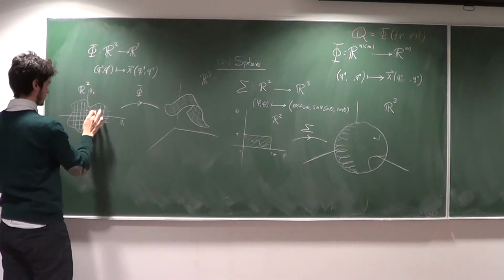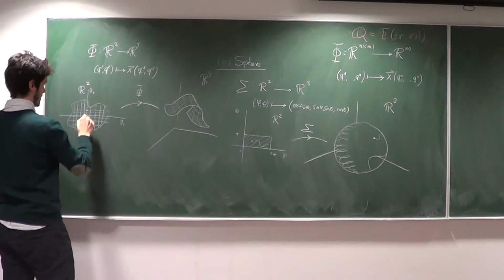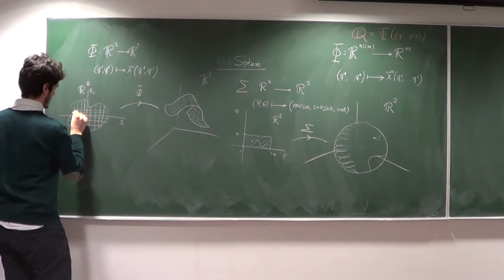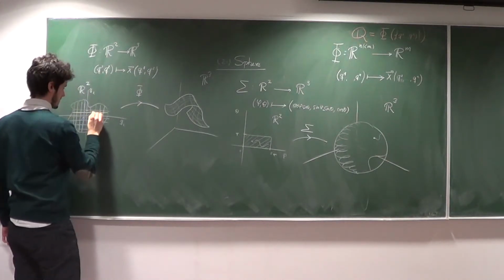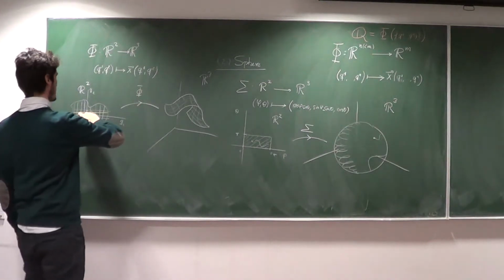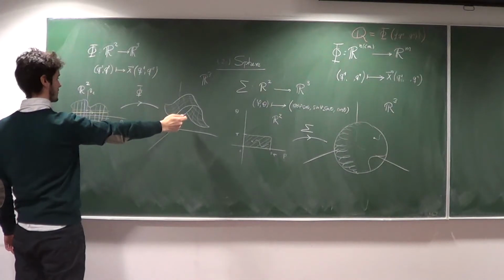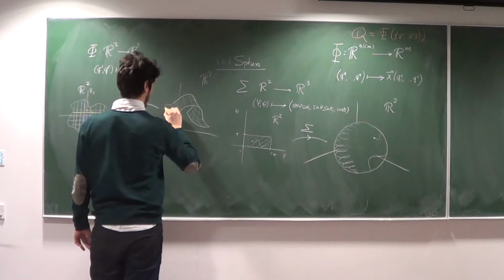Let's say this one. Take this curve. Say this way. Then take this curve here. This way. Of course, we will see that this gets mapped to the surface, and so this curve will be something like this.